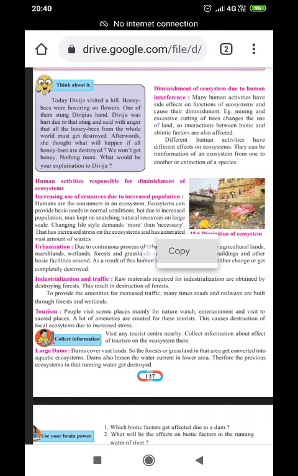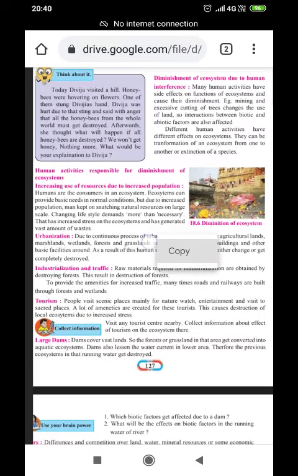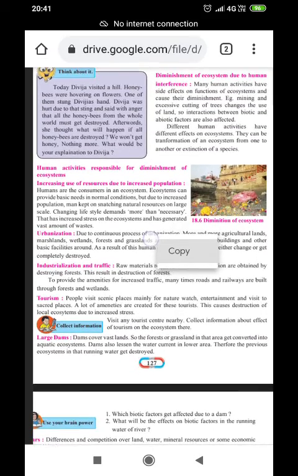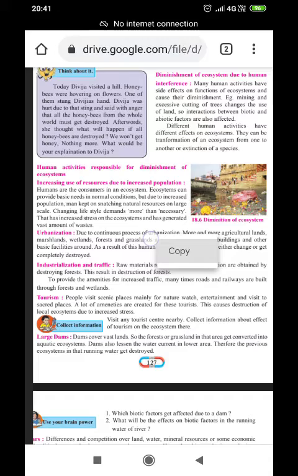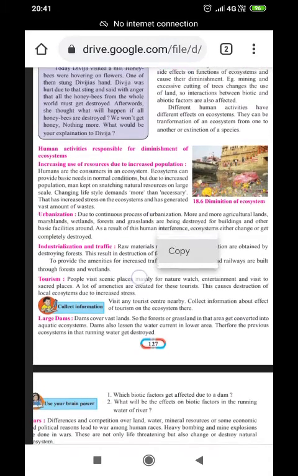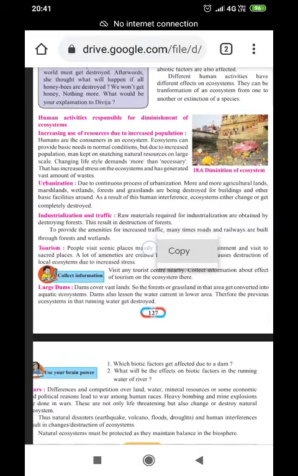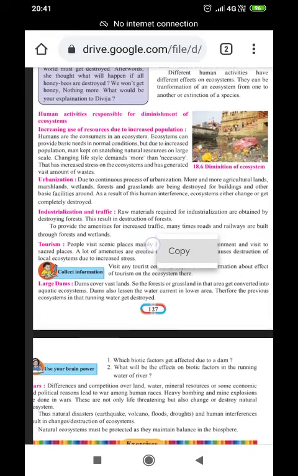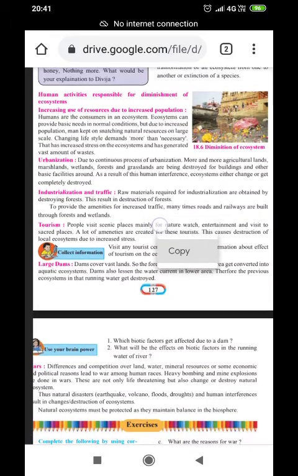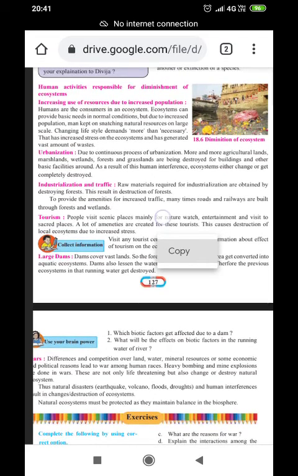So interactions between abiotic and biotic factors are also affected. Different human activities have different effects on the ecosystem. There can be transformation of an ecosystem from one to another or extinction of species. So here human beings play an important role in the extinction of various species, and therefore they are affecting the ecosystem, and ultimately they are affecting human beings.